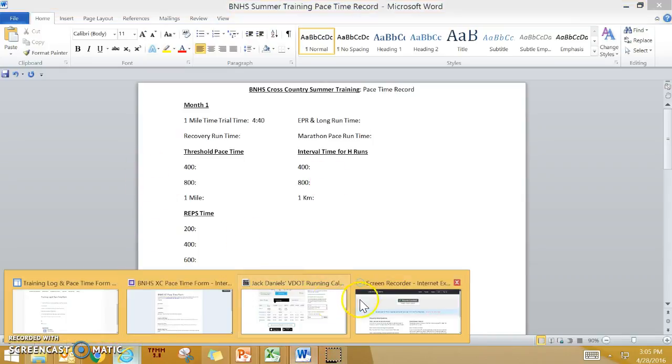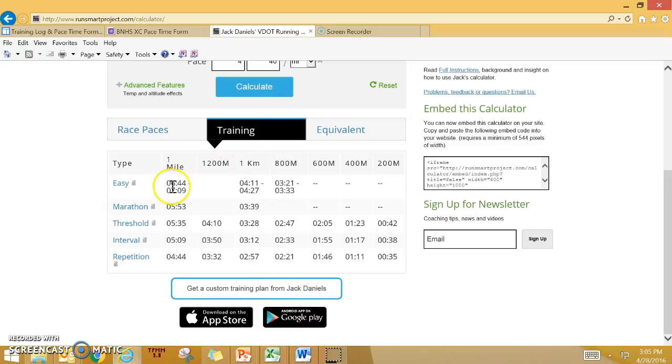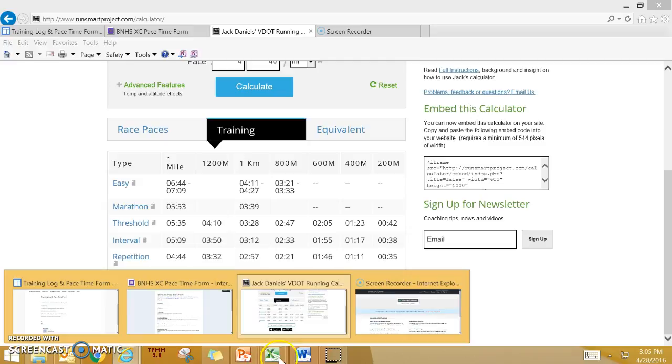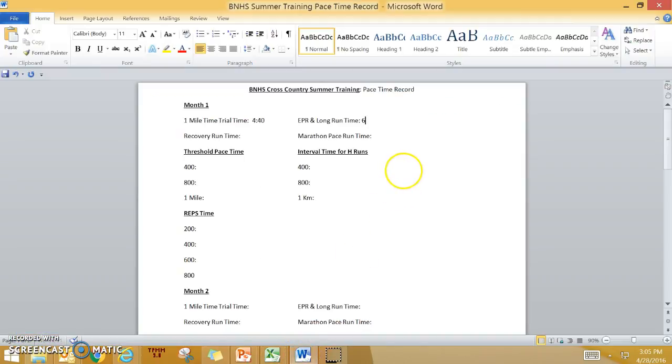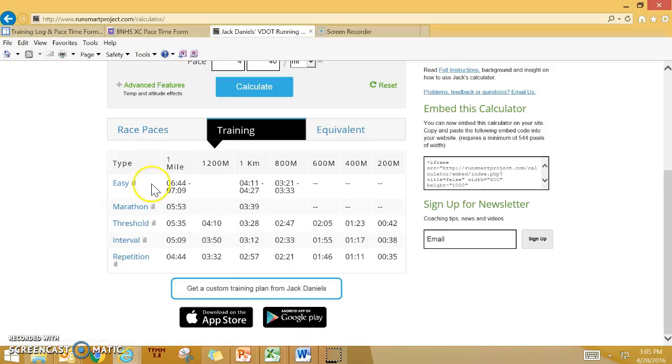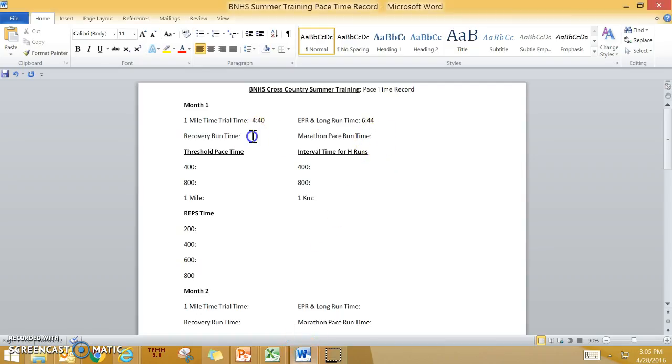So I look on the running calculator, and remember it's the first number here, 6:44 is what I have to run for those paces. So I go back and I put 6:44. Recovery run time: the second number, the second mile pace under easy, is my recovery run time, which is 7:09. So I put 7:09 in.